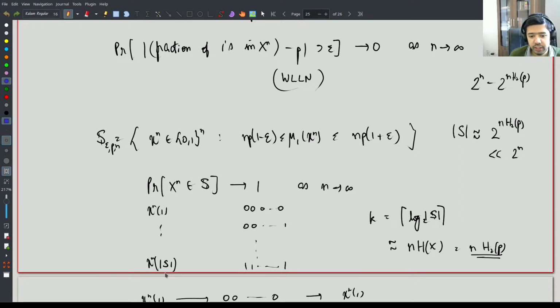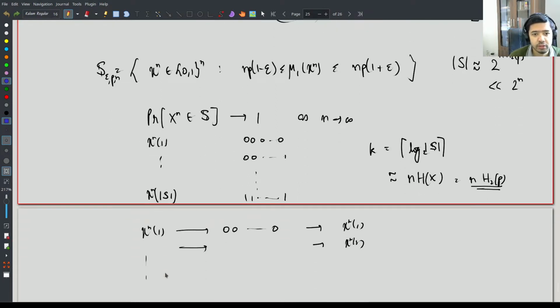Okay, so the way our compressor works is as follows. You list all possible sequences for which the number of ones in the sequence is between np into 1 minus epsilon and np into 1 plus epsilon. Right?